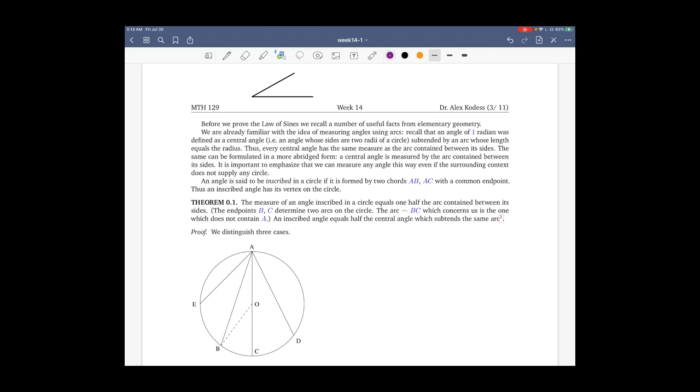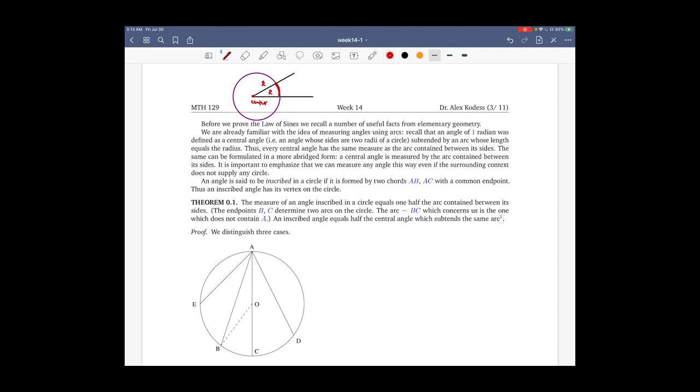It means that if we draw any circle centered at the vertex of this angle, then this angle will be 1 radian if the length of the corresponding arc, when this angle is viewed as the central angle, with this here being the center of the circle, equals the radius.